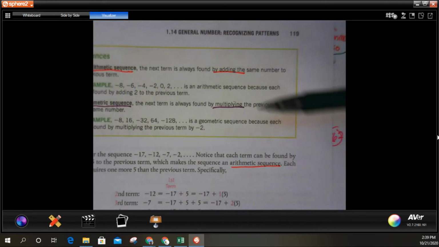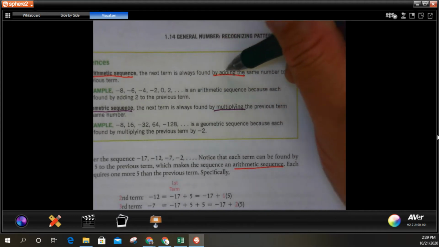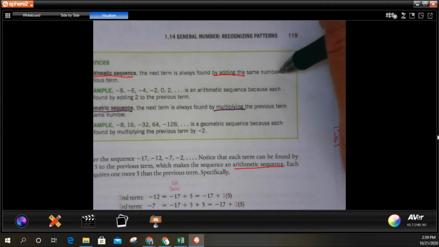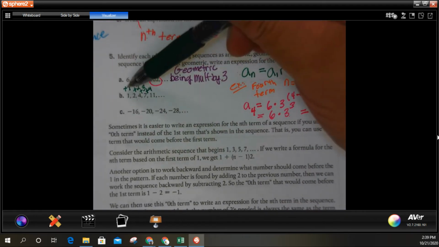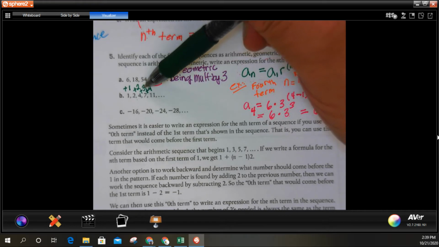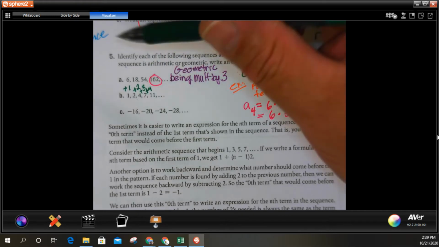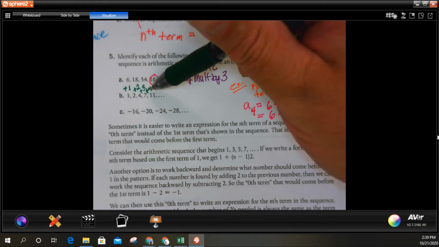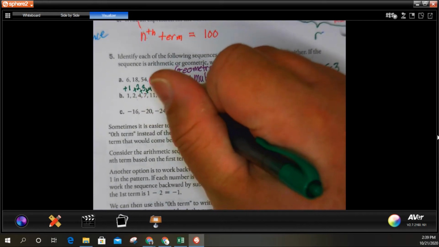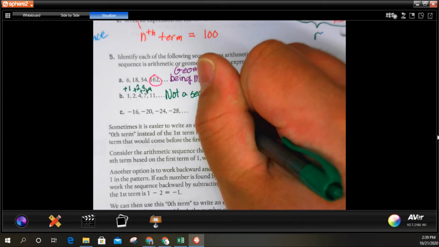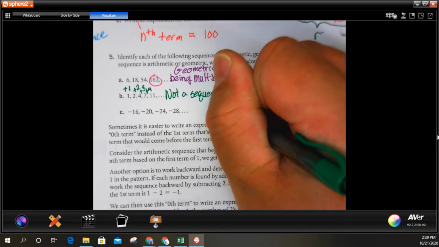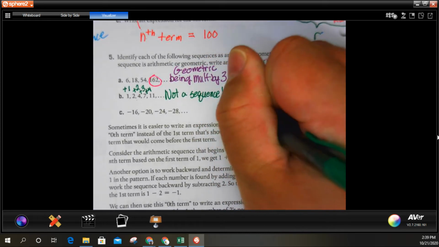Let's see, arithmetic: the next term is always found by adding the same number to the previous term. So looking at this problem, we are not adding the same number to the previous term. The number is going up. Although it looks like some kind of a pattern, this is not an arithmetic sequence because that number is changing.